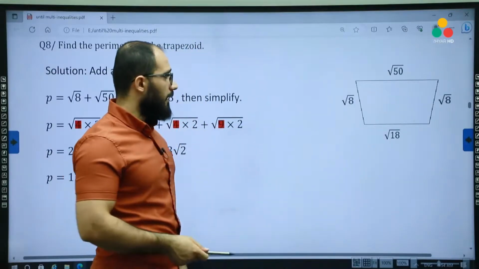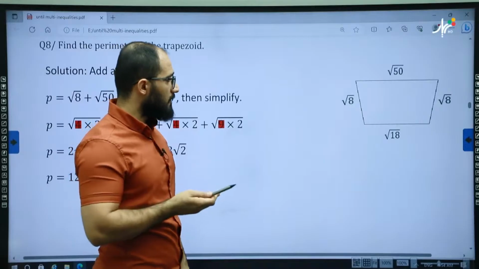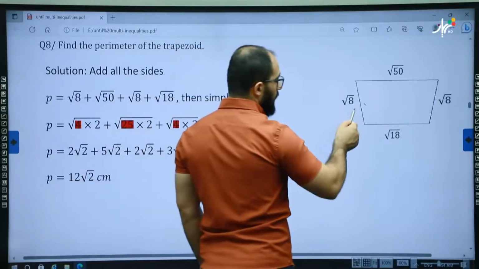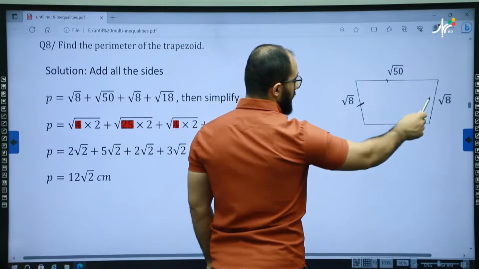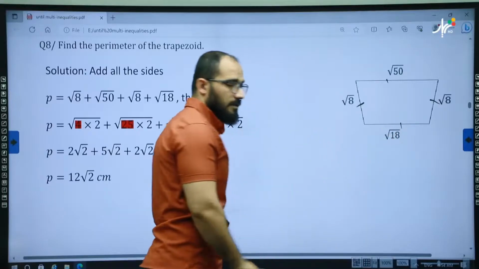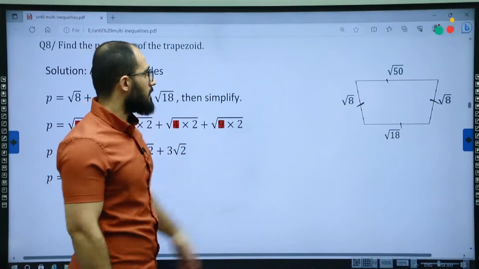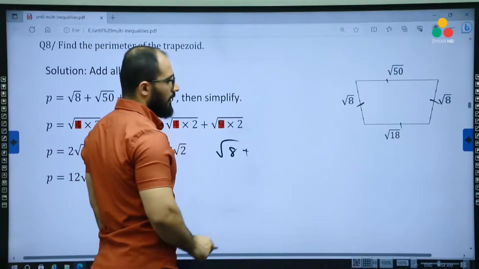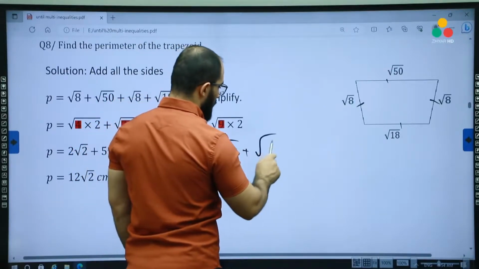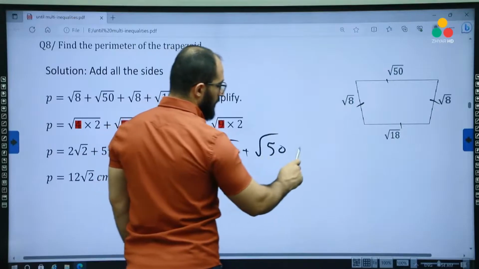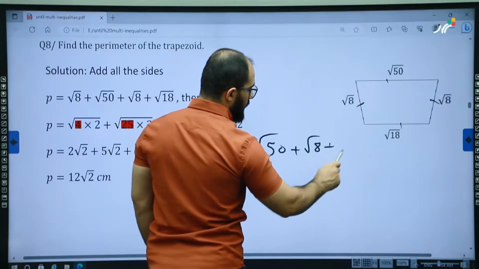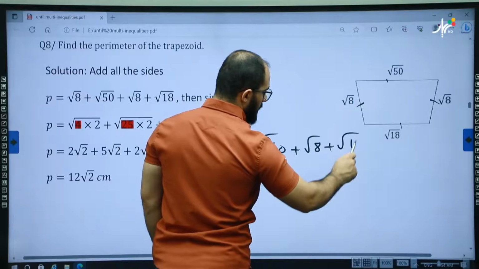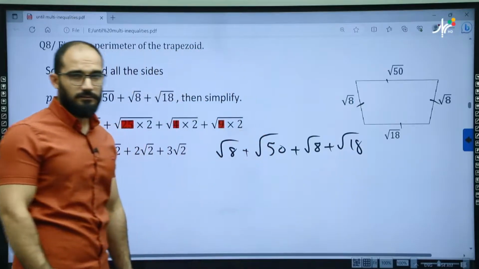If you want to find the perimeter of the trapezoid, we are going to add all the sides. This side plus that side and plus this side. Then it's going to be square root of 8 plus square root of 50 plus square root of 8 plus square root of 18.